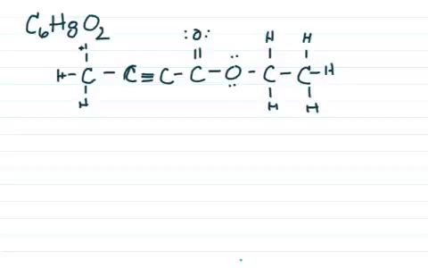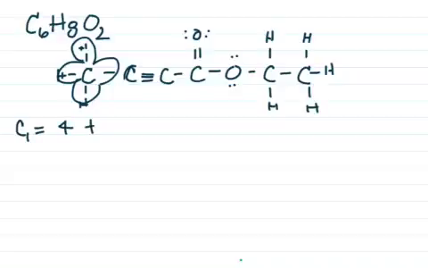Alright, so the first thing I'm going to do is start figuring out what my electron groups are for each one. So first I'm going to start with this carbon. And I notice I have 1, 2, 3, 4 things around it. So I'm going to call this C1, has 4 things around it.